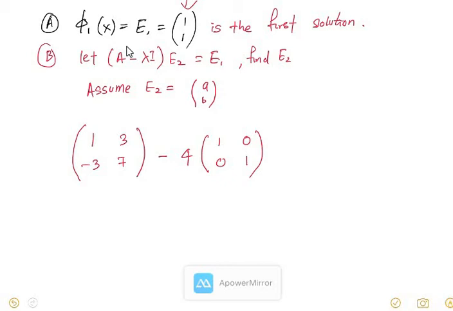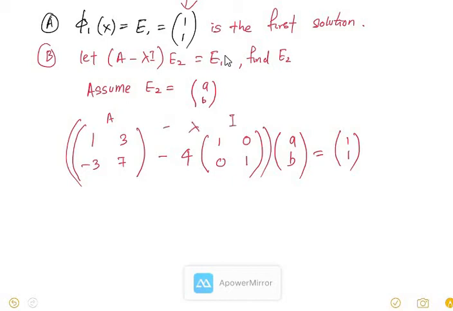Then you multiply with E2. E2 is A and B, equal to E1. E1 is 1 and 1. So this is A minus lambda I times E2 equal to E1.